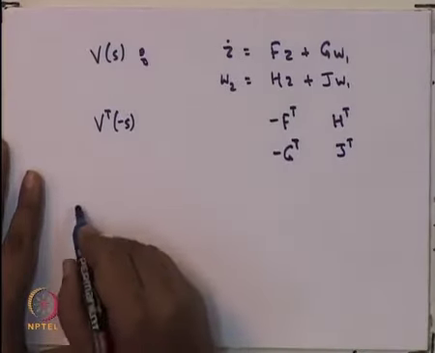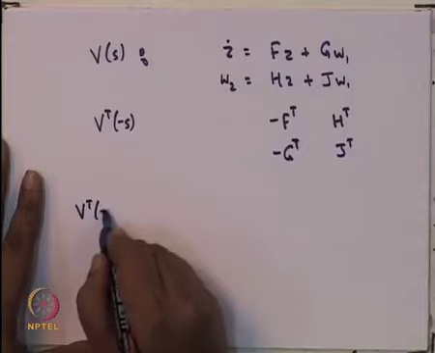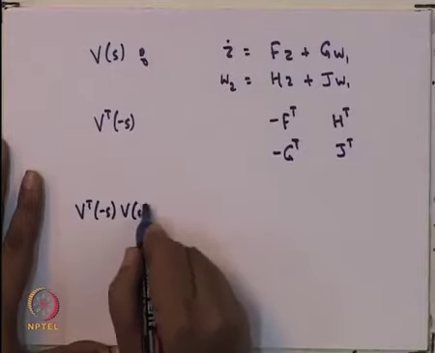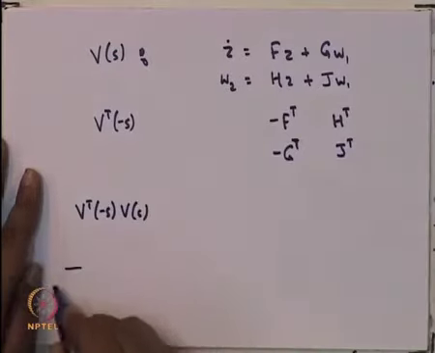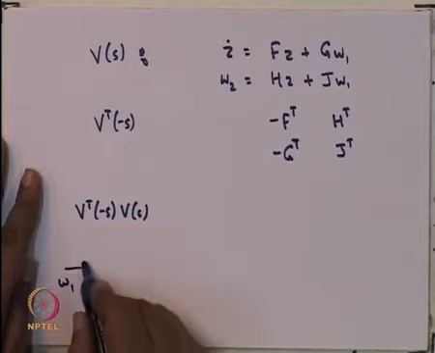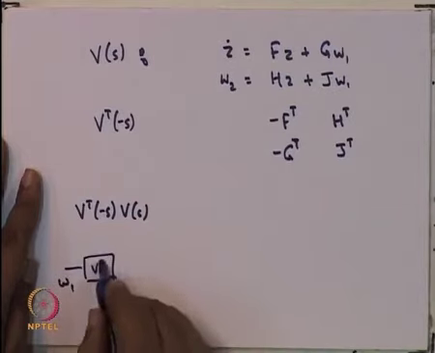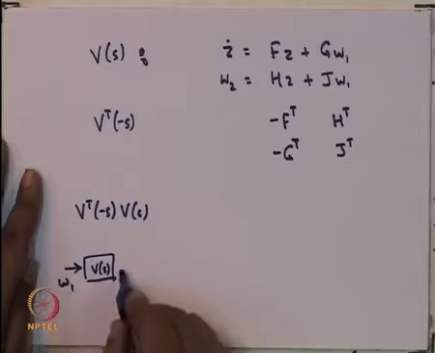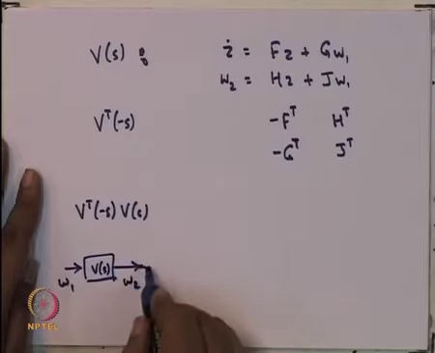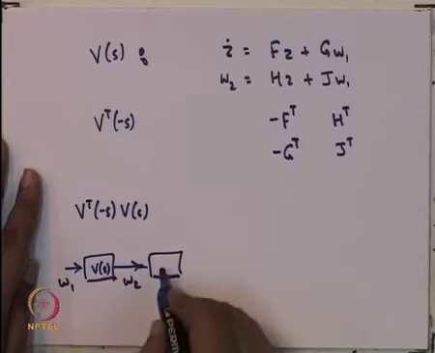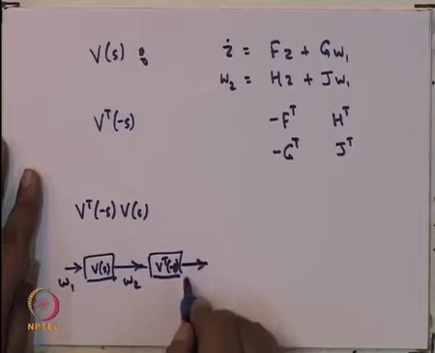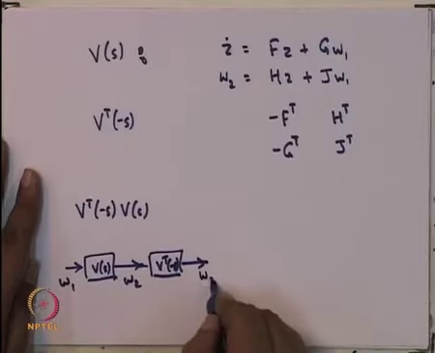But on the left hand side, we were looking at V transpose minus S times Vs. So, this is like saying that W1 is an input to V of S, and the output of that is W2, but this W2 is the input to V transpose minus S, and the output of that, let me call it W3.